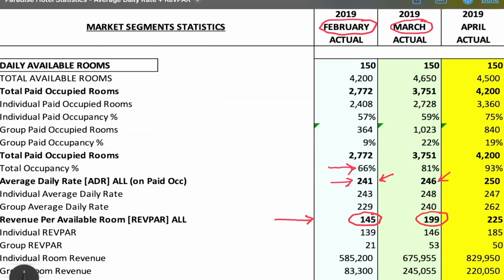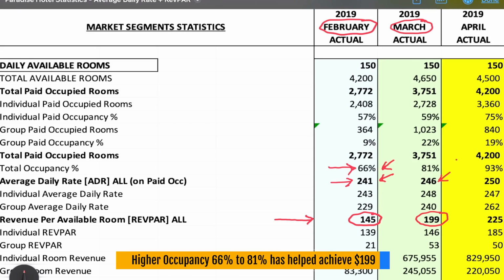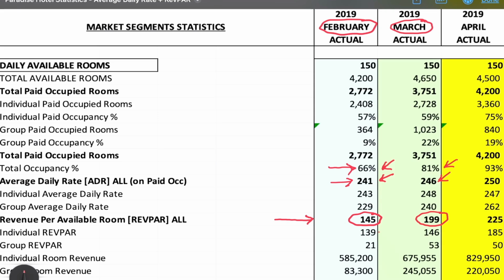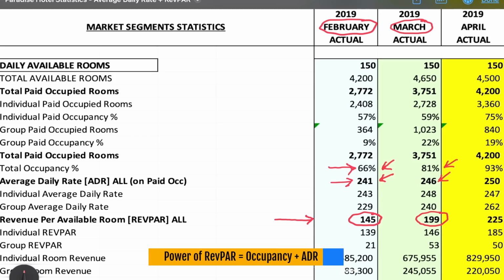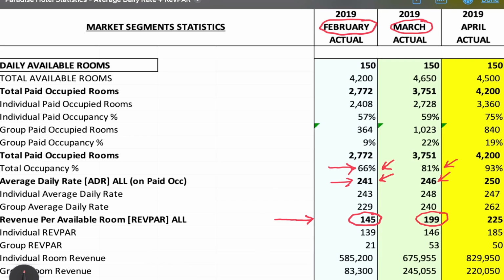So the average daily rate has actually gone up very nominally. What has made a difference is the occupancy, which has gone from 66% to 81%. Explains how the RevPAR has jumped from $145 to $199. This is the power of having both occupancy and average daily rate producing the revenue.